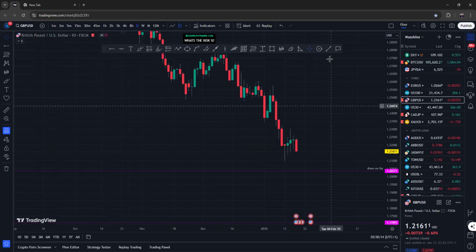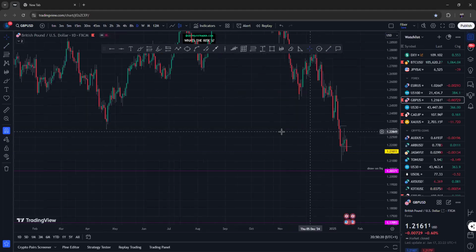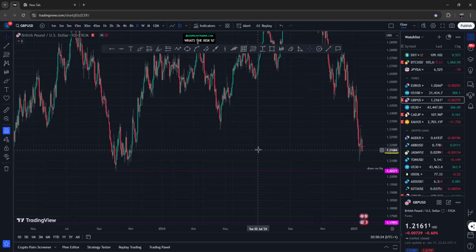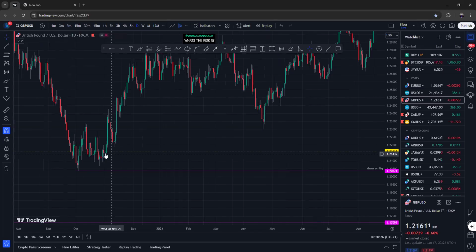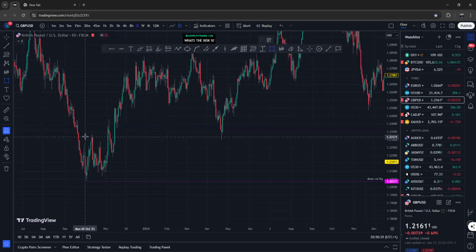Now, a lot of people last week were looking at this to be a CRT, which could have been one, but it was not. And a lot of people also spotted some other blocks right here. It's just an accumulation. It's just like a market maker sell model. This is the origin of all this consolidation.